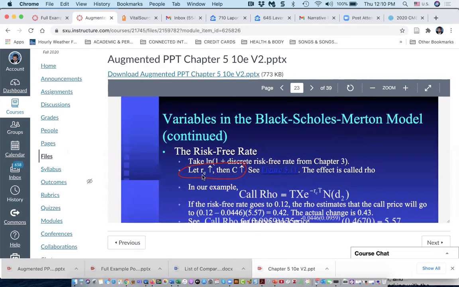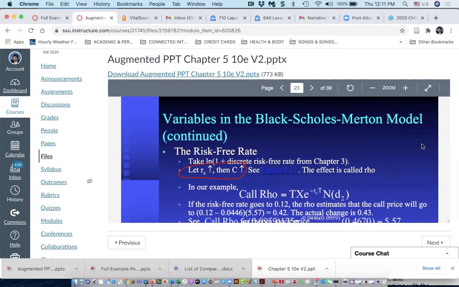Then the third variable, r, and C. If the interest rate goes up, the call option price goes up. This is called rho. Now, I gave you an example. How many ways can you get a stock in the future? Let's say I'm talking about stock options.